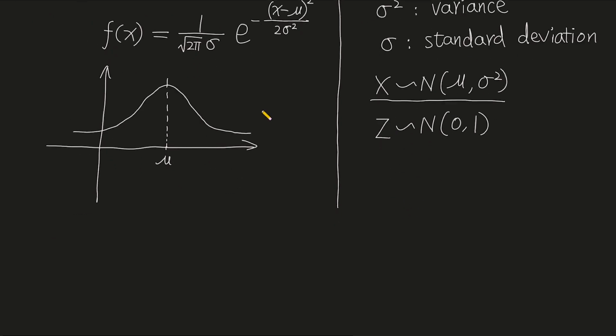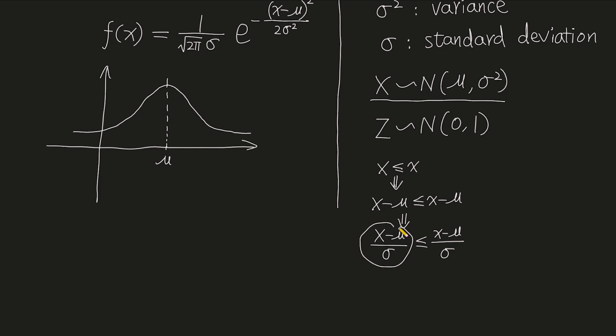And also, let's see, from X less than or equal to small x, we can get X minus mu less than or equal to small x minus mu. And we can get this one, (X minus mu) over sigma less than or equal to (small x minus mu) over sigma. And we use capital letter Z to represent this.